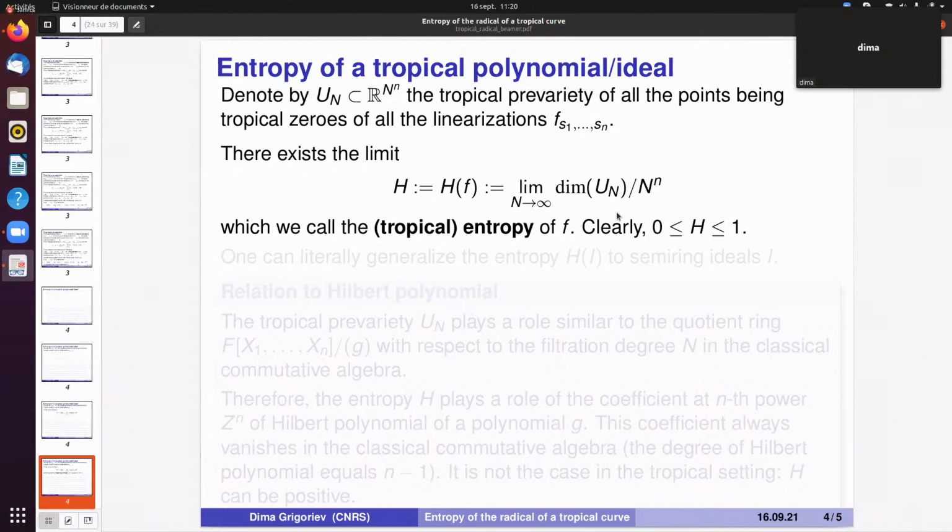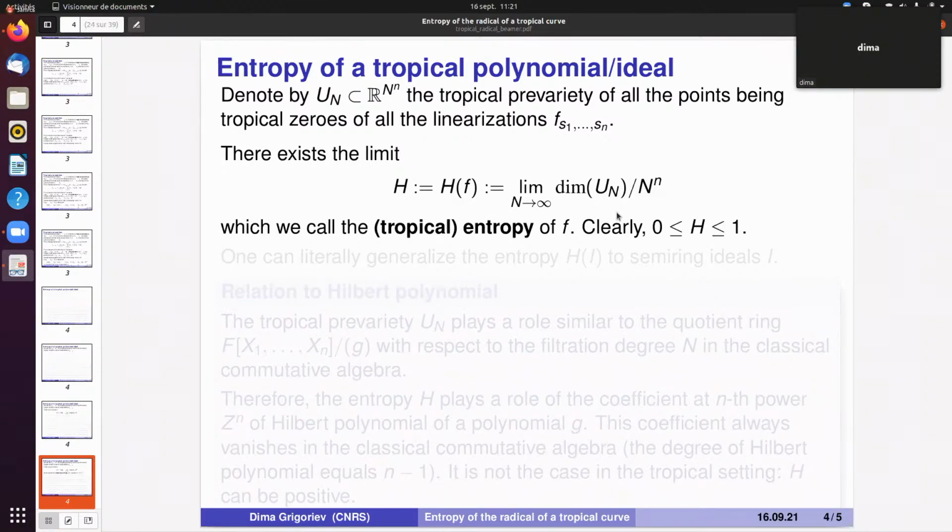Anyway, this limit does exist, and we call it the tropical entropy. And so the tropical entropy shows you the asymptotics of the Hilbert function, of the values of Hilbert function. In the classical commutative algebra, we know that Hilbert function behaves as a polynomial, starting with some point, so for sufficiently big values.